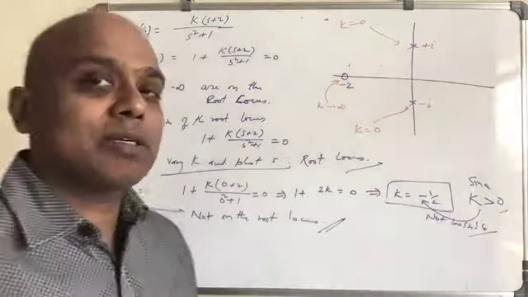So what we find so far is that 1 plus k (s plus 2)/(s square plus 1) equal to 0 is the equation of the root locus. The only problem is that s is a complex number.